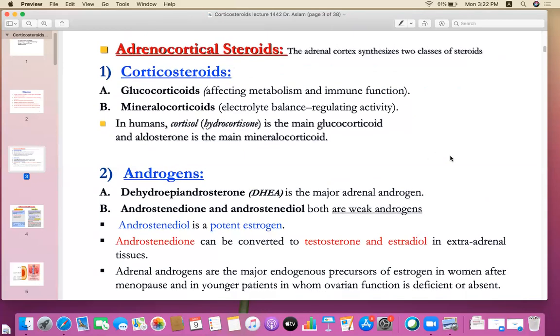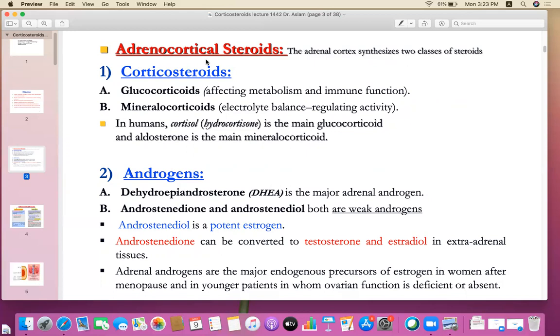Corticosteroid is also called adrenocortical steroids because the location is the adrenal cortex. That depends on the location, because it is generally secreted from the adrenal cortex.